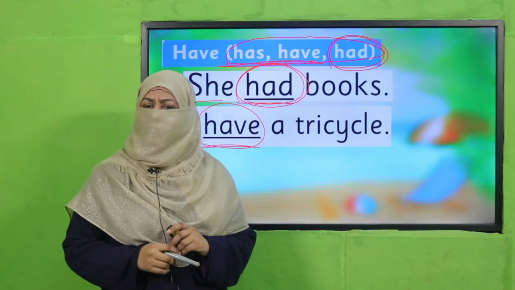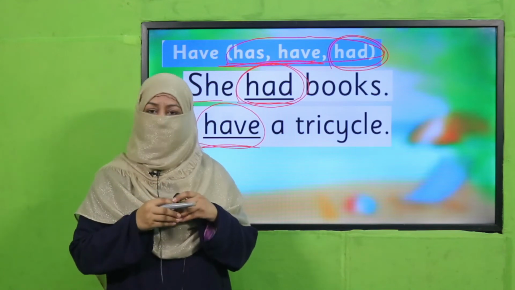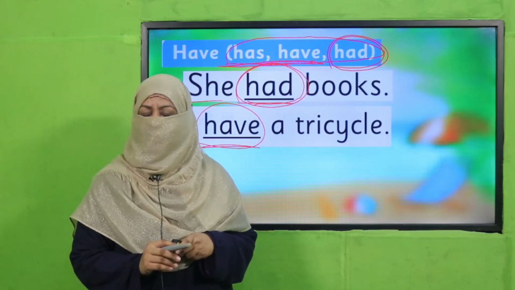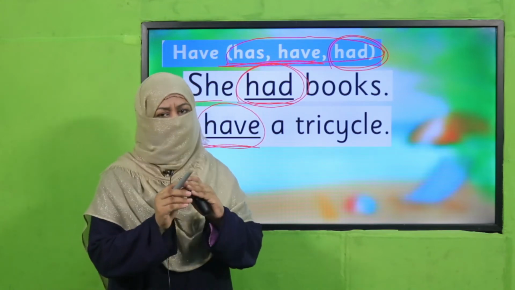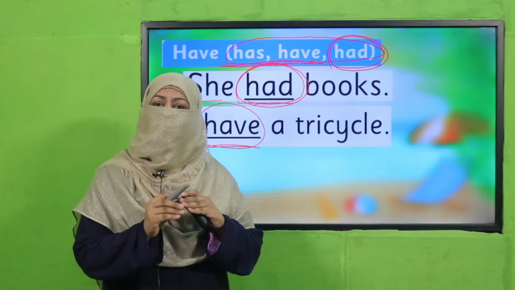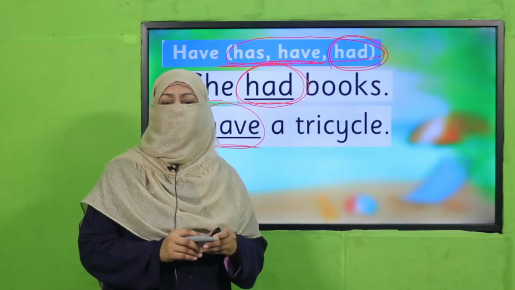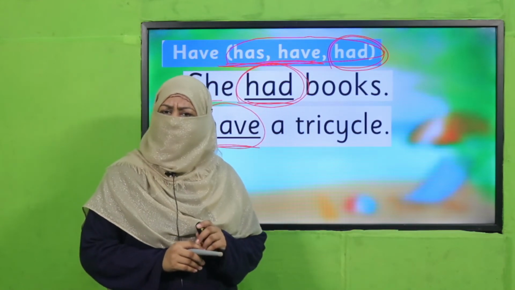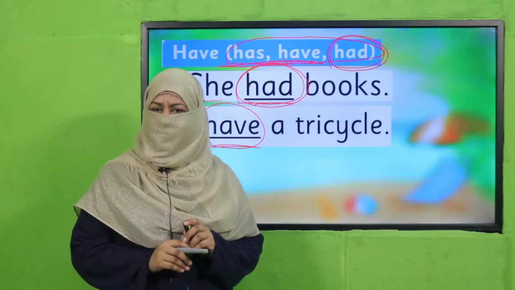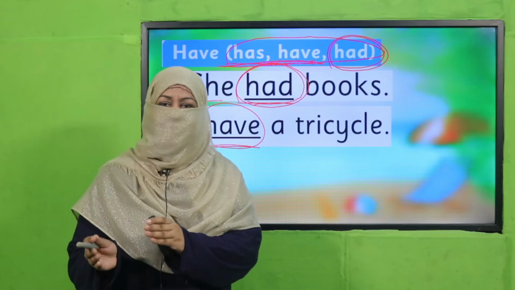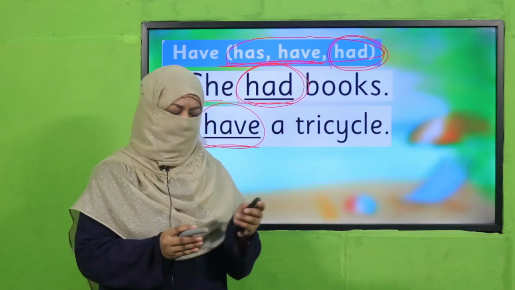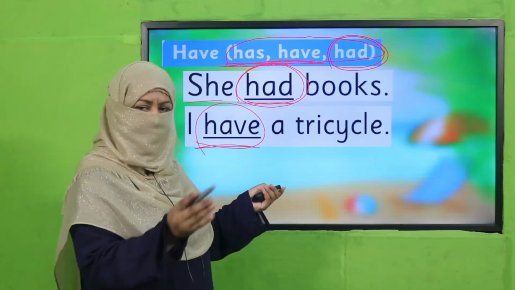So when you're writing or speaking that I keep something, I have a pet dog at my home, I have a closet, I have a beautiful toy car, etc. And if you are talking about your possessions in past, you will say, last year I had a tricycle, but now I'm grown up and I have a bicycle now. Do you understand? This is how main verb differentiates, okay, with the tense, present and past.